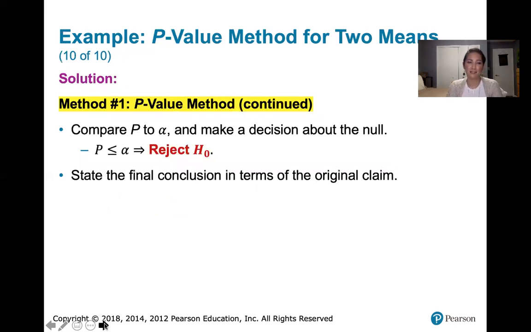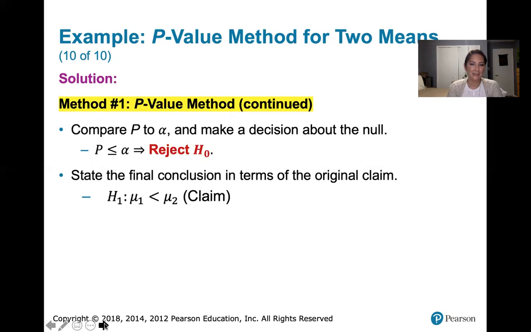Remember, you have that mnemonic as well. If you want, you can remember, if P is low, the null must go. If P is high relative to alpha, the null can fly. So we see that we're rejecting the null hypothesis. Now we want to state the conclusion in terms of the original claim. So our claim was that mu sub 1 was less than mu sub 2.